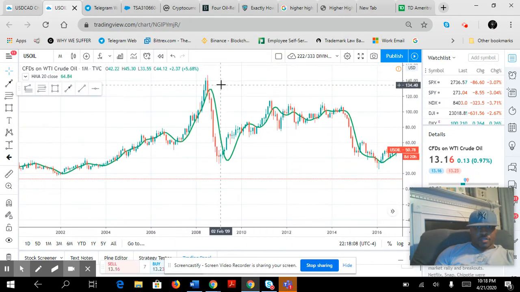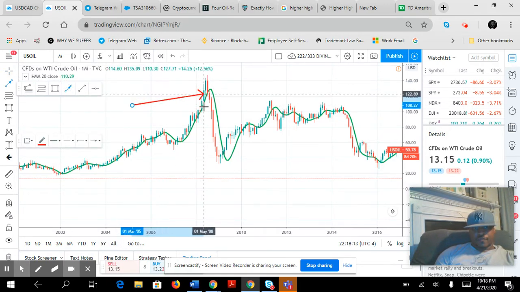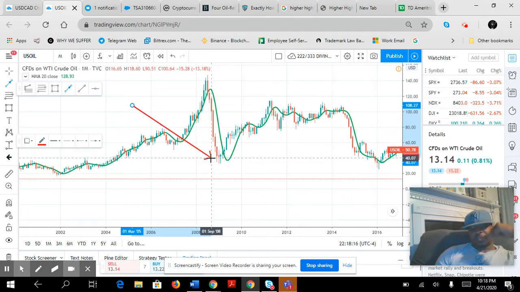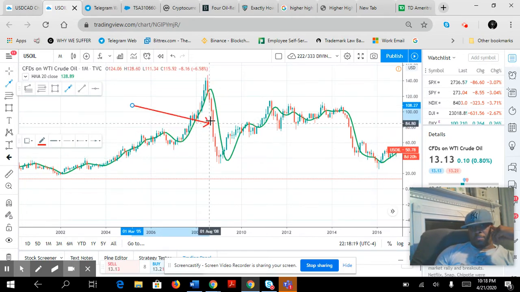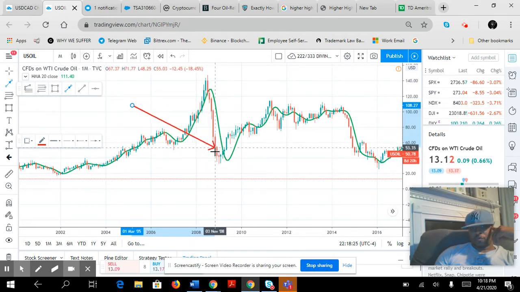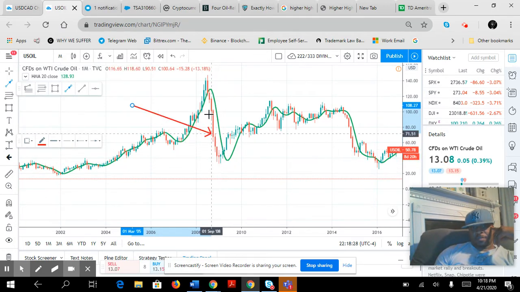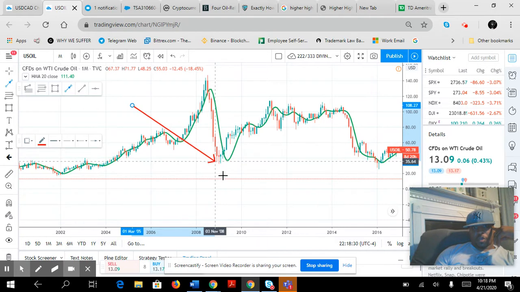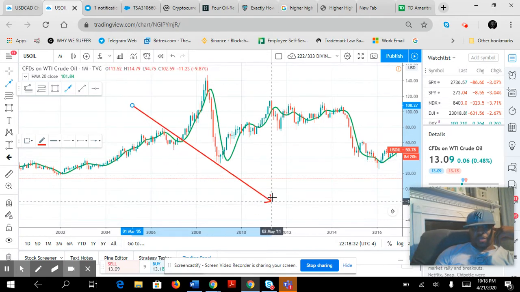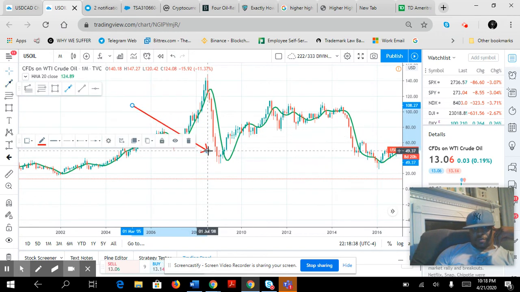Look at this huge drop off right here, all the way down here. That is called an impulsive bearish move. When something impulsively moves in this direction, it lets us know that eventually price wants to go even lower at a future date. But for right now, this is what we have.